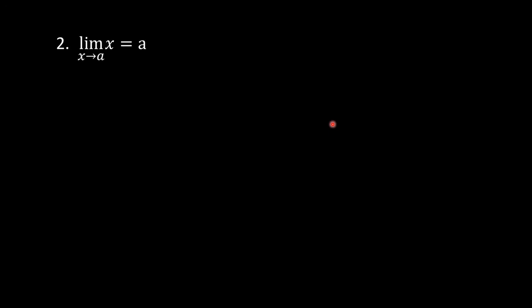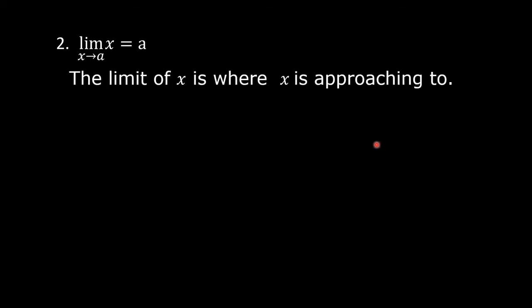Theorem number 2. The limit of x as x approaches a is equal to a. This means the limit of x is where x is approaching. Example number 1. The limit of x as x approaches 5. X is approaching 5, so the answer is 5.